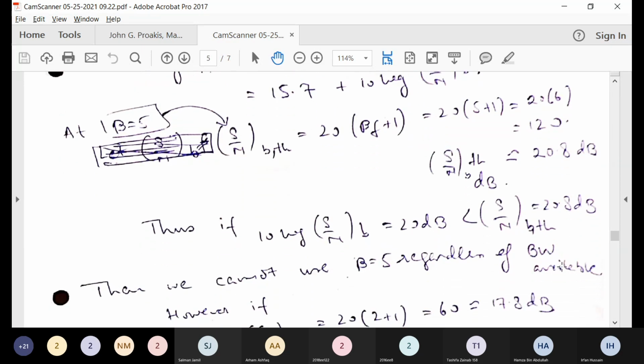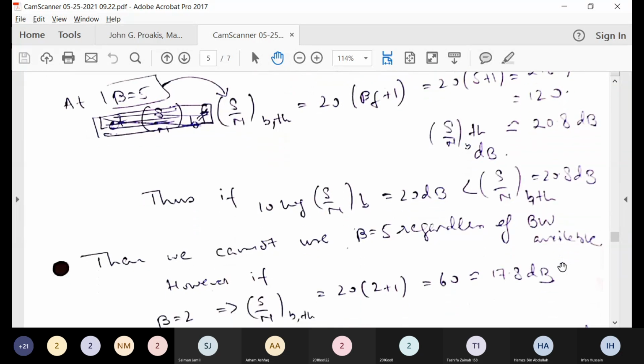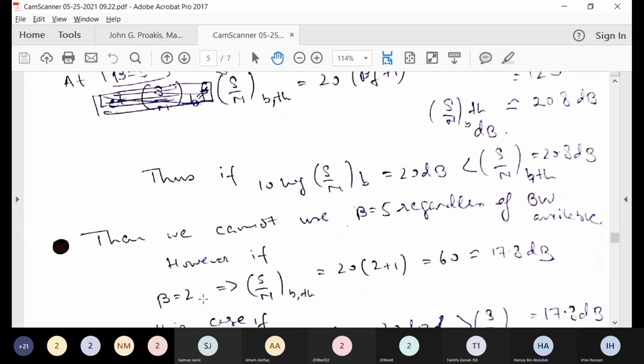Now, I use beta equal to 2. No problem. If I use beta equal to 2, then the signal to noise ratio at the threshold, using the same equation, 20 times (beta plus 1), comes out to be 17.8 dB. You have decreased your beta, so the threshold decreases.